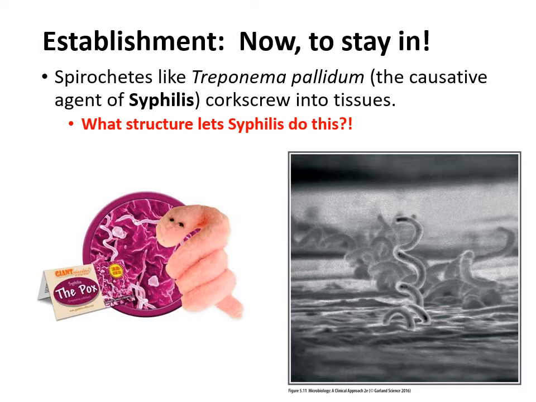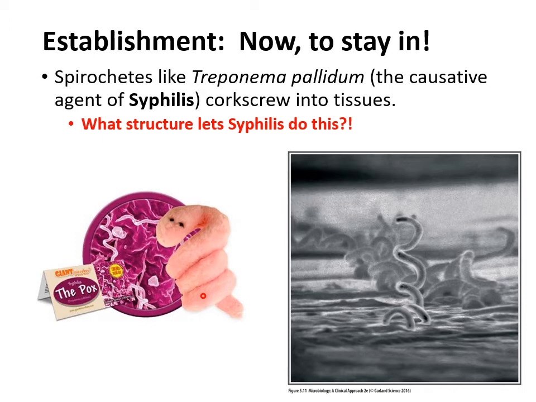Now, when we talk about staying in, another example of how bacteria can stay in is the example of spirochetes, such as Treponema, which is one of my favorite of the giant plushies that you'll see that are present in the lab. Treponema is a spirochete, which is why it has that spiral shape. It's what causes syphilis, which we'll talk about in more detail in the STD lesson.